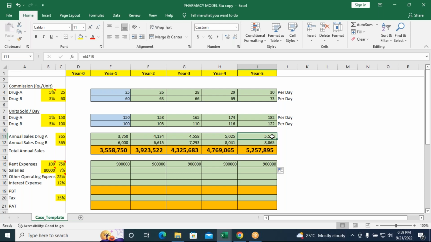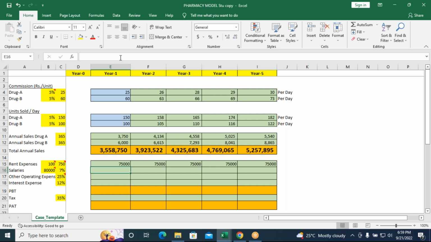How did we get 90 lakh for the rent? It is 100 into 750, right? But that is for 1 month. So the value I'm getting is for 1 month, and here we are calculating it for 12 months, right? See here, I'm removing this 12.